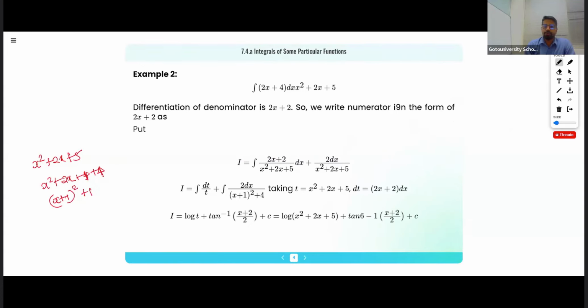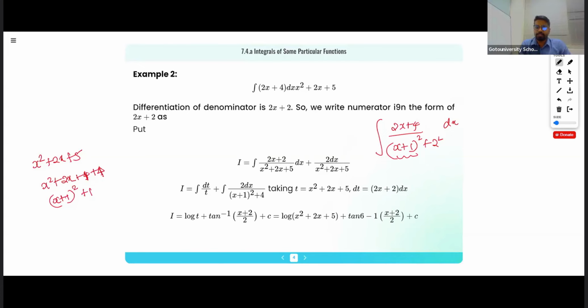So our problem is simply the integral of 2x plus 4 divided by x plus 1 whole square plus 2 square. Now I need to understand the given problem in the form of this expression, but we have 2x plus 4, right?